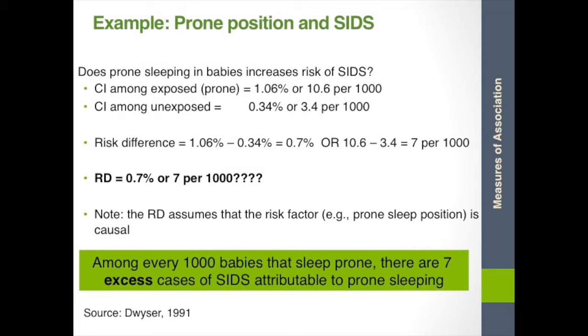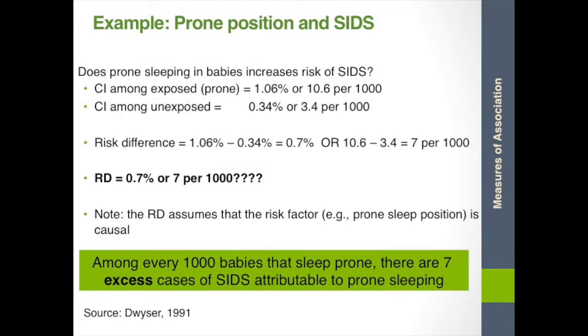Let's see another example. In this one, we want to assess whether prone sleeping in babies increases the risk of sudden infant death syndrome. We have previously obtained the cumulative incidence, or risk, between a group of babies who slept in a prone position versus a group who did not.